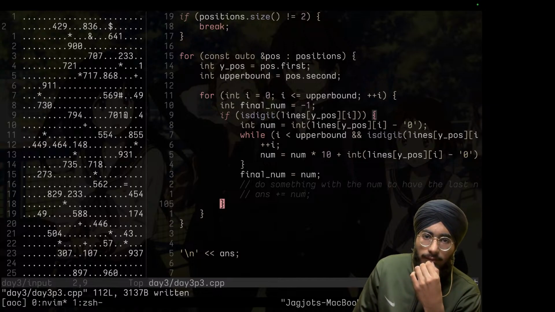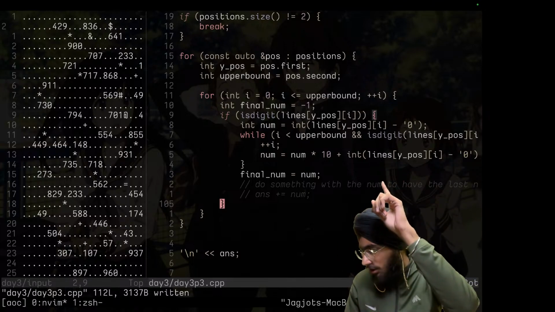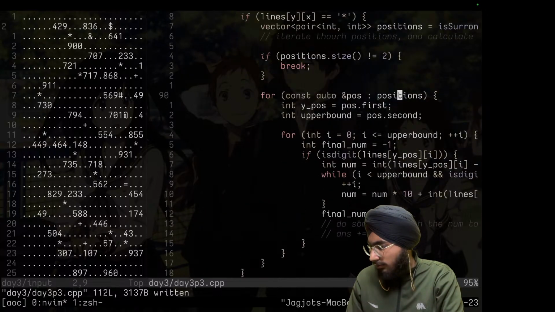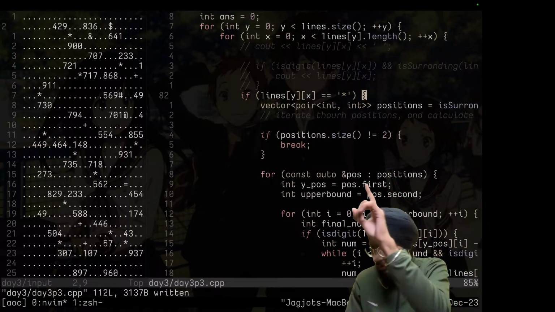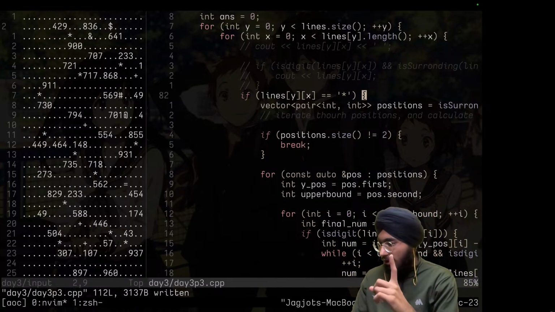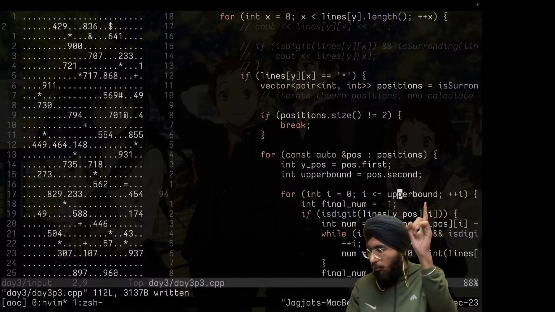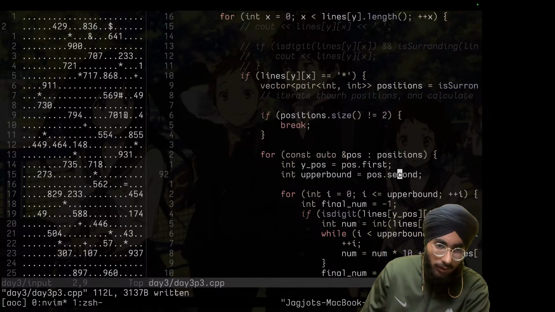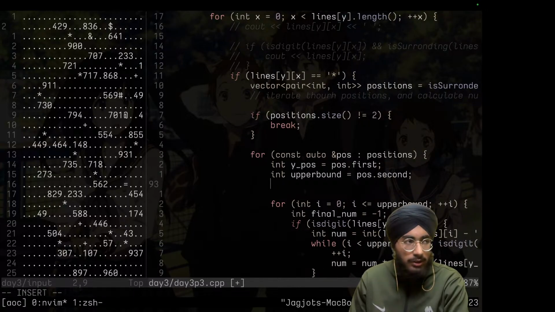Okay, for the first position, yeah, this position, all this thing we have done for a single position. And when we are done with this loop, we have done it for one position, we have found that number, and then we are gonna have a sum, not a sum but multiplication.